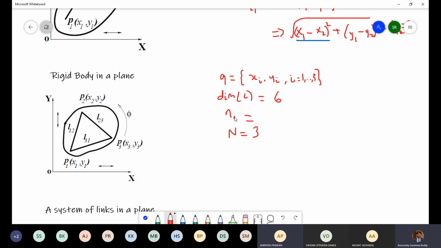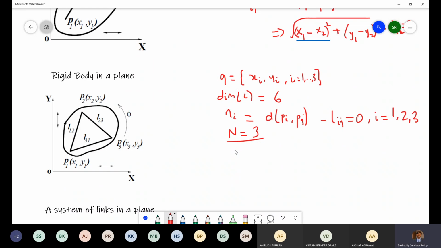Yeah, so here you'll have eta i equals d of pi, pj minus lij equal to 0 for i equals 1, 2, 3. So you get 3 constraint equations, and the dimension of the configuration variables is 6. So you get degrees of freedom as 3.